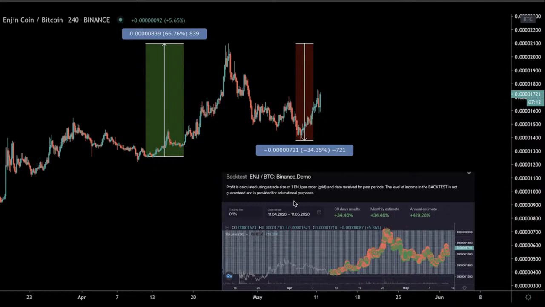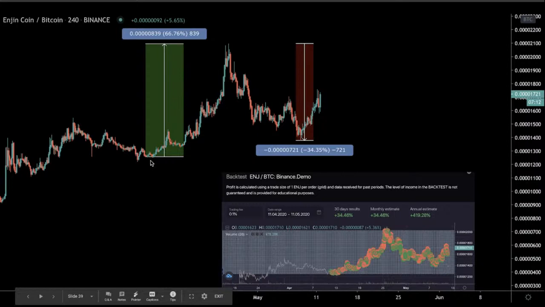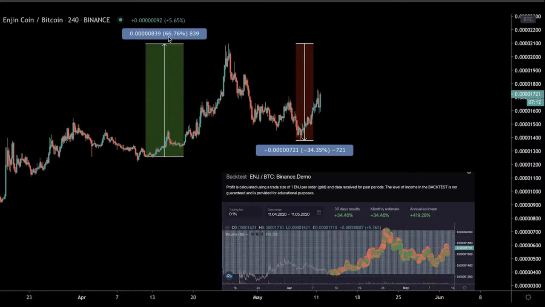And you see that throughout this period, there was an upside momentum up to 66%. Here you see the higher high, up from the 11th of April, 66% appreciation, and then a consequent drop down, 34% down to here.